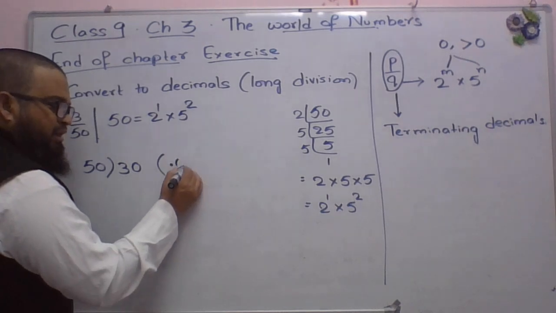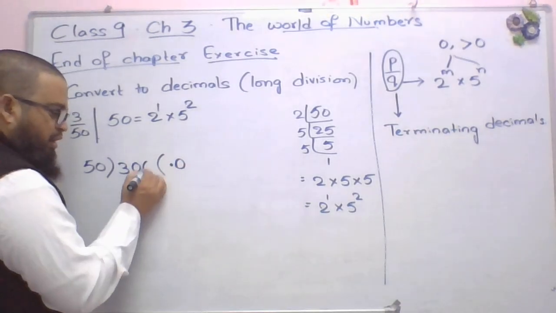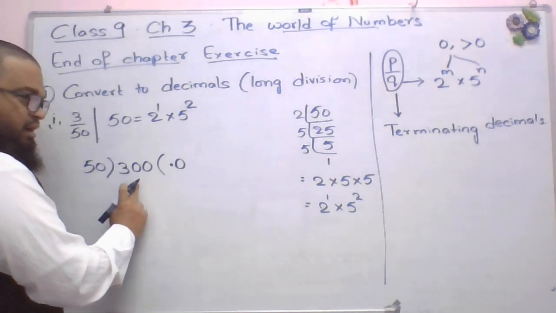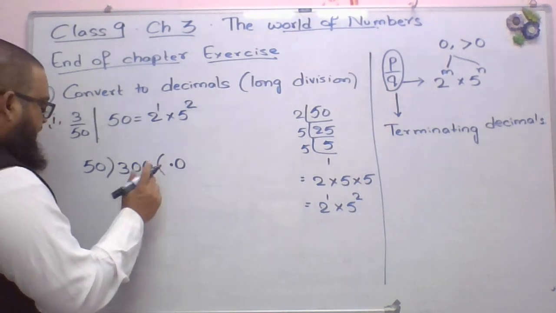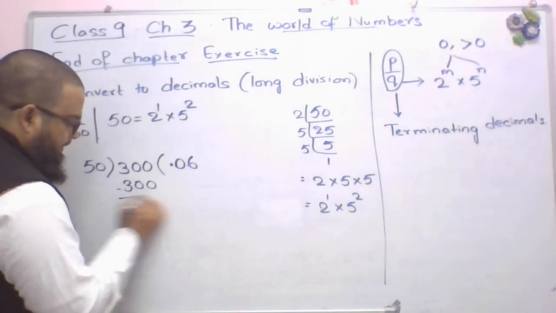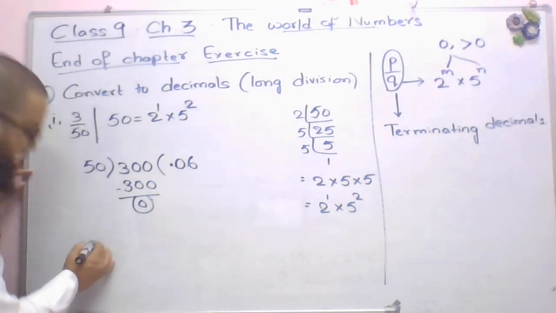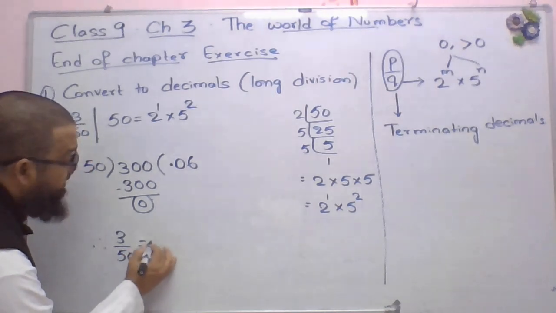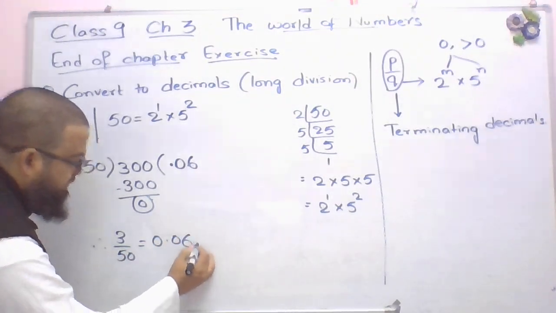So keep 1 0 after the decimal and borrow 1 0. Now 50 in 300, I believe it is 6 times. 6 times 50 is 300. So therefore 3 by 50 can be written as 0.06.